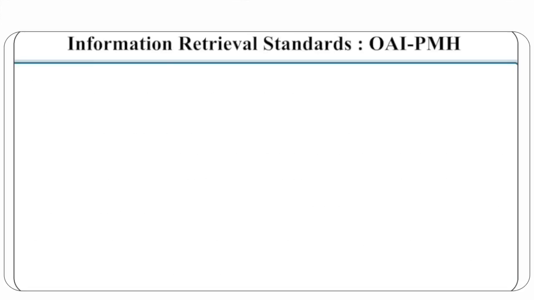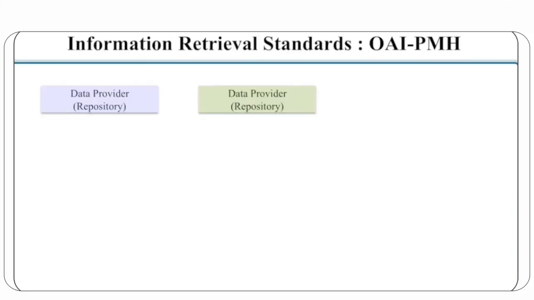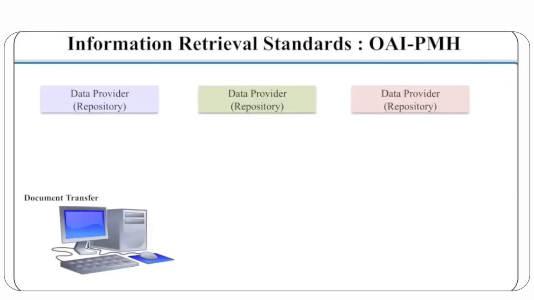The figure on your screen shows graphical representation of OAI-PMH architecture, wherein the data providers are OAI-compliant institutional repositories or domain-specific digital repositories set up by the institutions and universities. IRs use OAI-compliant software that supports the OAI-PMH.